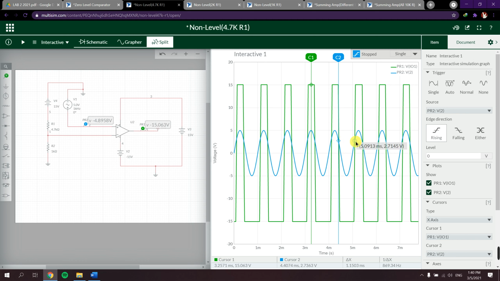Whenever it reaches that point, it goes from positive maximum to negative, or vice versa.